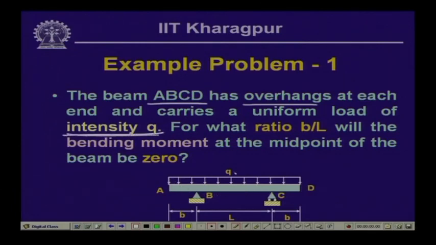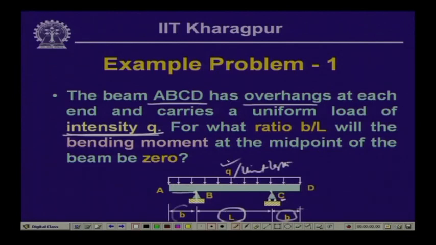This intensity q is per unit length, uniformly distributed over the entire length. B is a hinge support and C is a roller support, and the distance between B and C is L. From B we have an overhang of b, and from C also an overhang of b, subjected to the uniformly distributed load q.